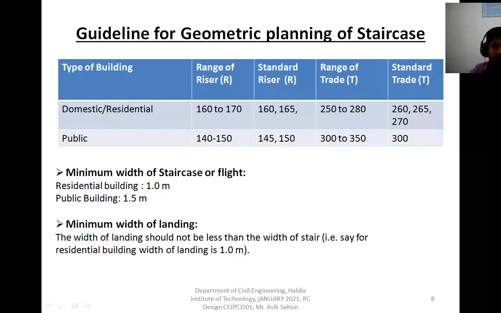Now you see that here the two types of buildings we have considered. One is domestic or residential building, another type of building is public.